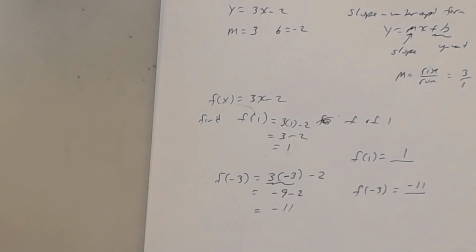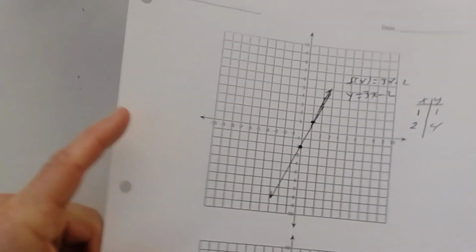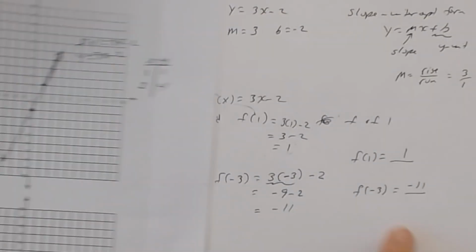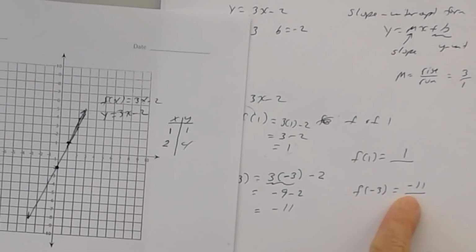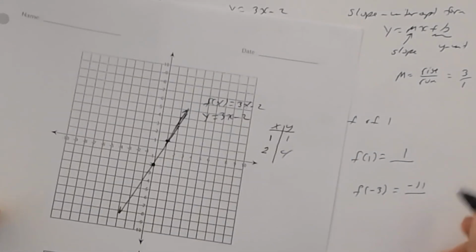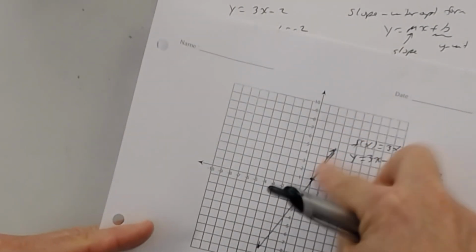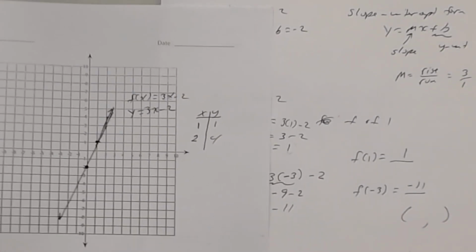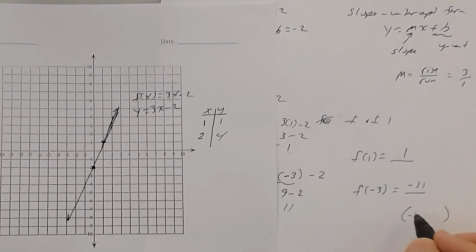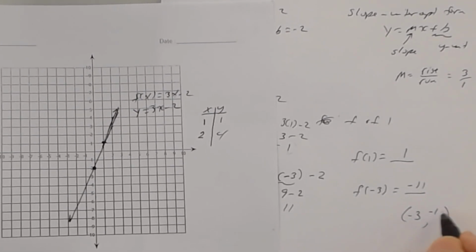Now, on my math lab, they want you to make some connections here. In terms of this graph right here, that f of negative 3 equals negative 11, what does that mean in terms of a point? If I tell you f of negative 3 equals negative 11, what point does that represent? Negative 3 is your x, and negative 11 is your y.